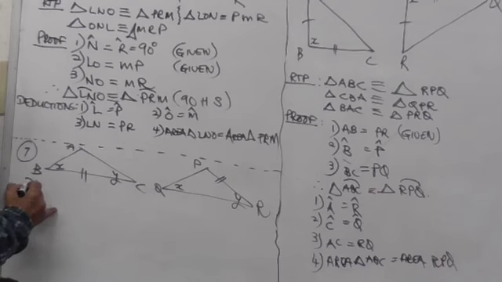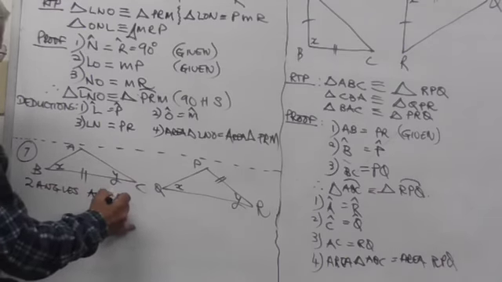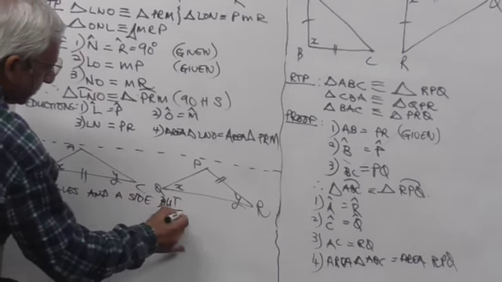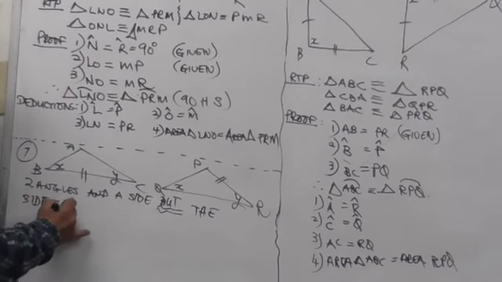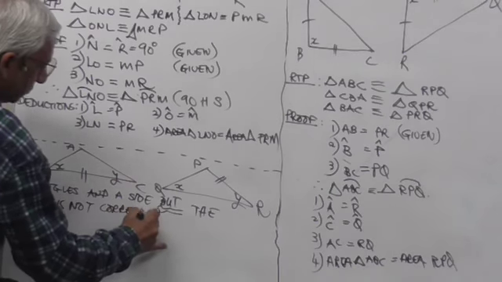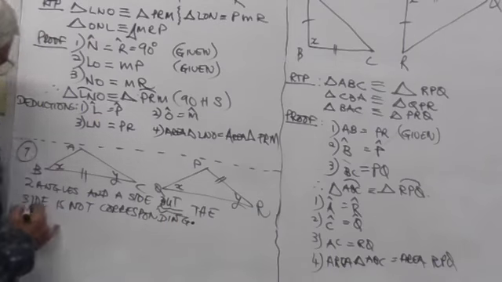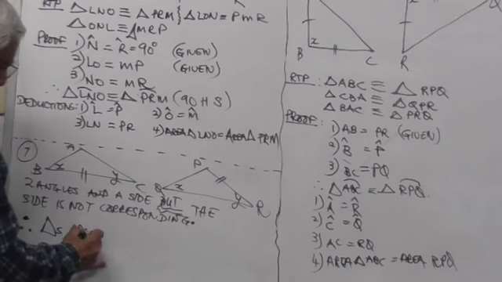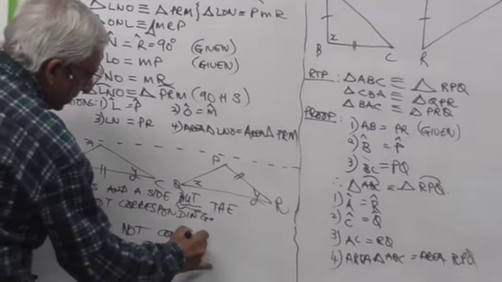You've got two angles and a side, but the side is not corresponding. Therefore, the triangles are not congruent.